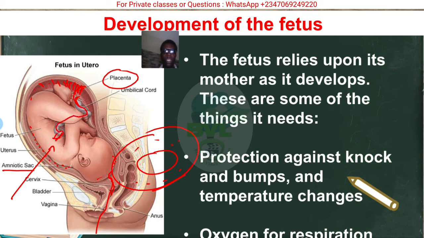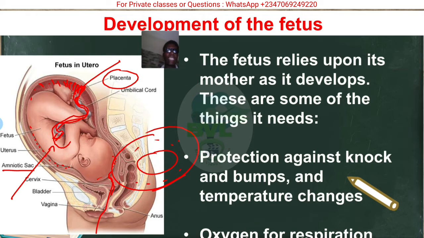Then the baby also passes out waste products, because the point is the baby relies on the mother for everything. So when the woman eats, she eats for two. When she breathes in, she breathes in for two. And when she excretes waste, she also excretes waste for two. So this baby also passes its waste products through the placenta and the umbilical cord to the mother. So that umbilical cord is a two-way thing. It goes to the baby and from the baby.